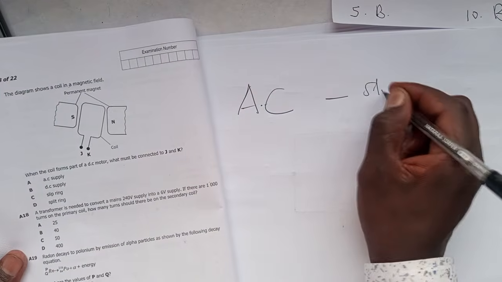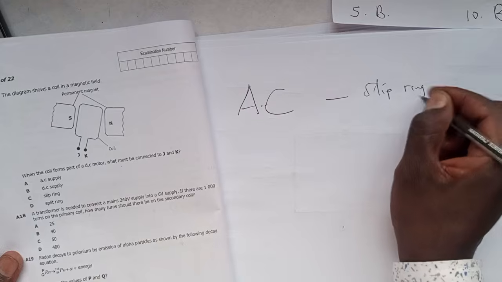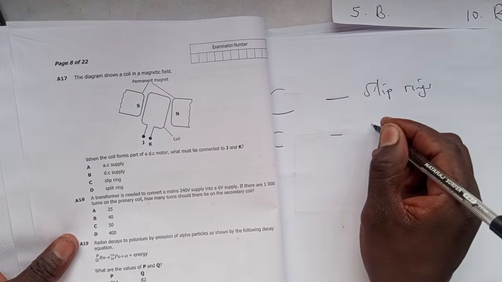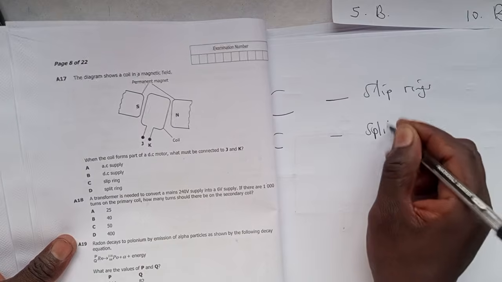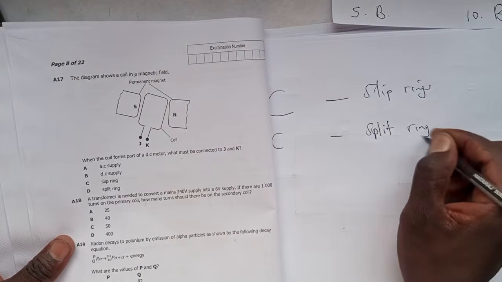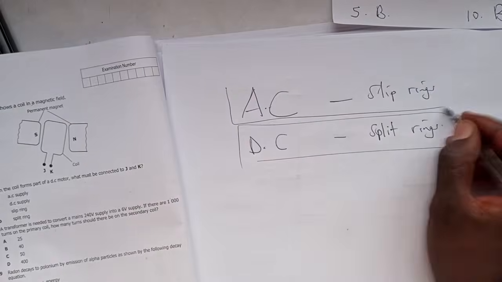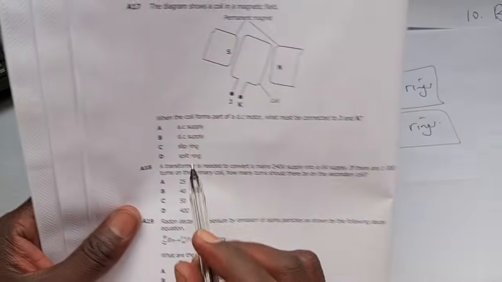AC, it is slip rings. But when it comes to DC, we have what we call split rings. Please note that DC, split rings, AC, slip rings. I hope you'll be able to remember that.